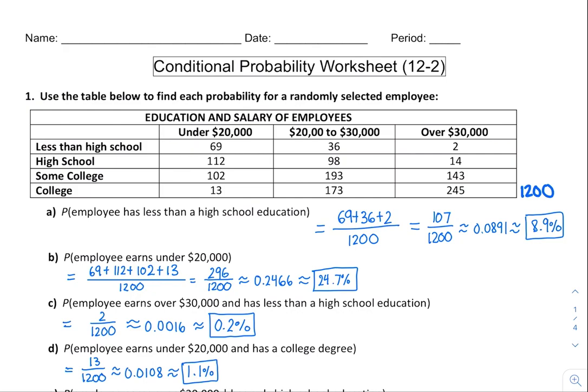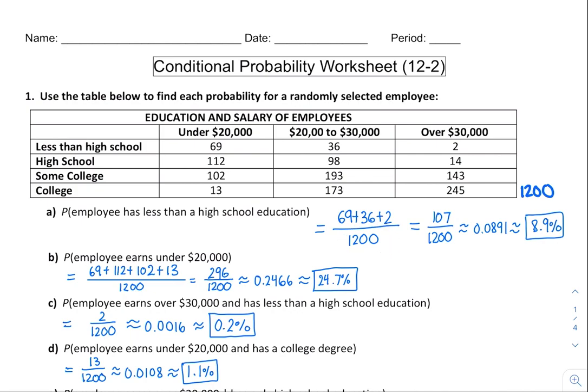This is where employees have less than a high school degree. It's right there, okay? So all we have to do is add those three and then divide it by the total, which is 1,200.